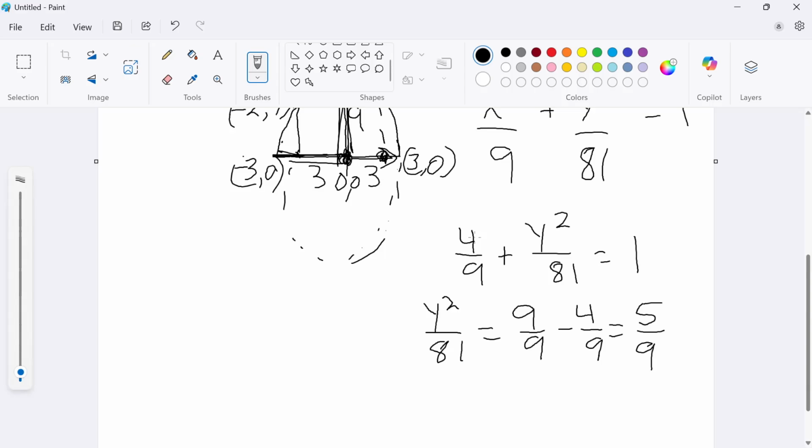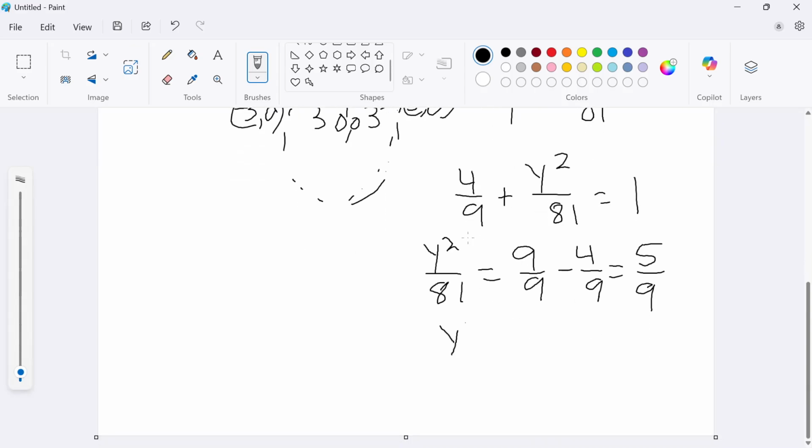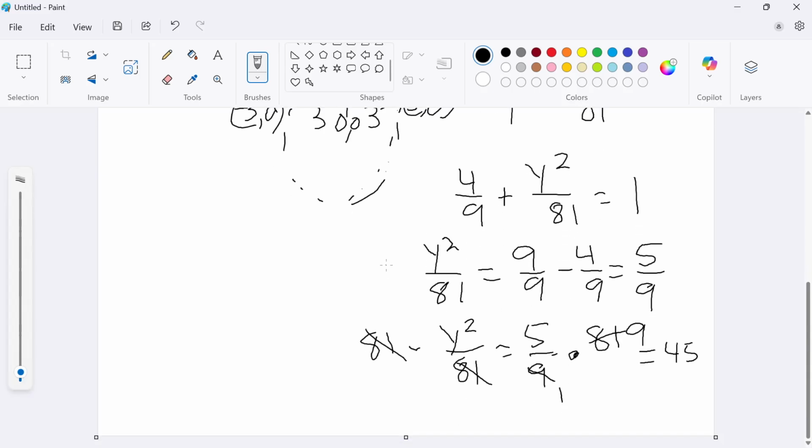So y squared over 81 equals 5/9. Now I will multiply both sides by 81 to get rid of this. y squared equals 5/9 times 81. Well, 9 goes into 9 once, 9 goes into 81 9 times. 5 times 9 is 45. So y squared equals 45.